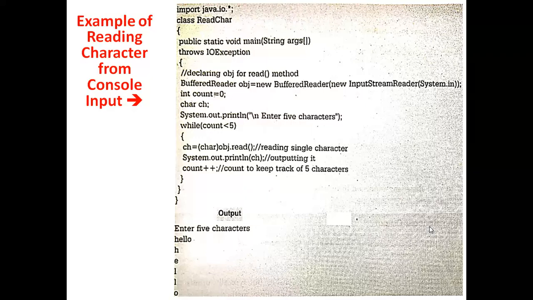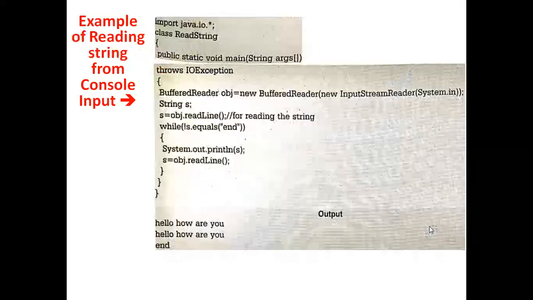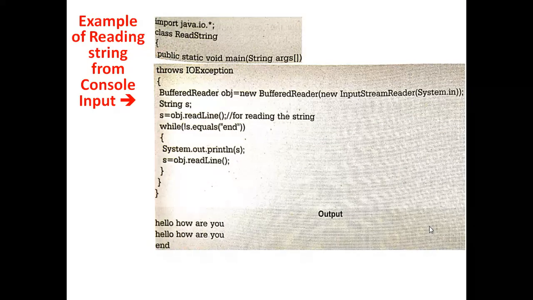Now we'll see how to read a string from the console. For that, again, we are going to import the java.io package. Afterwards, I've created one class, ReadString, in which I've written the main function which throws IOException.